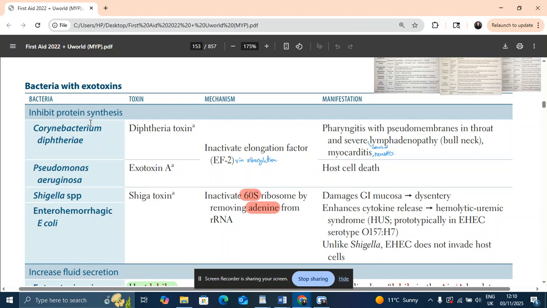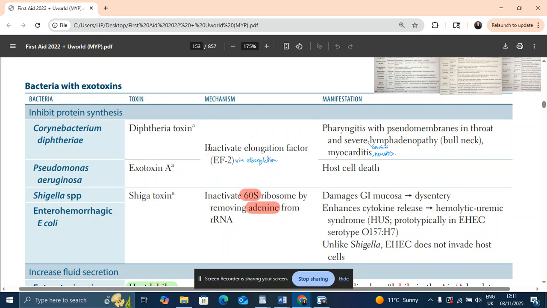First we'll talk about Corynebacterium diphtheriae and Pseudomonas aeruginosa, because they have the same mechanism of action. They produce different exotoxins, but their exotoxins work similarly. Corynebacterium diphtheriae produces diphtheria toxin, while Pseudomonas aeruginosa produces exotoxin A. Both toxins have the same mechanism of action, but eventually they produce different types of diseases.